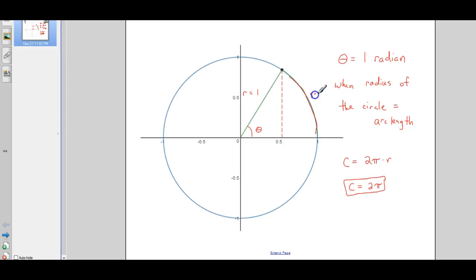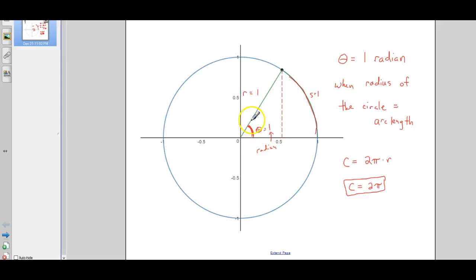So the arc length is equal to 1 when the radius is equal to 1, or when theta is equal to 1 radian. It's very important that we remember that this is 1 radian, that angle measure right here. So when the arc length is equal to the radius, you are at 1 radian.